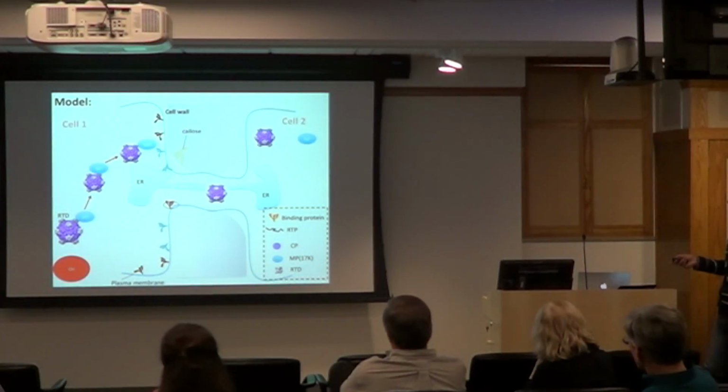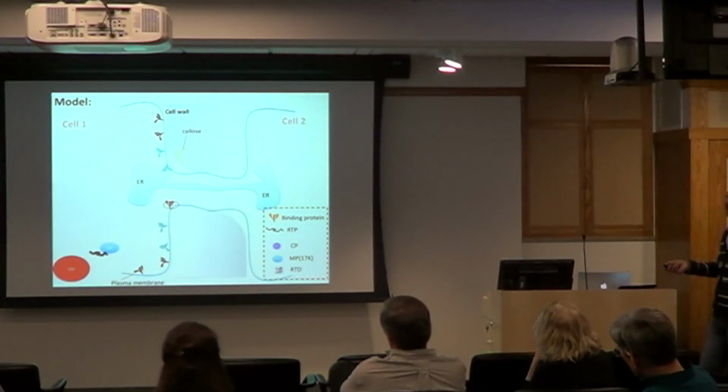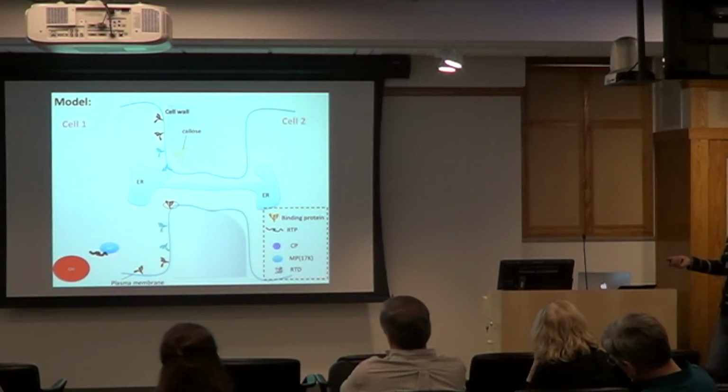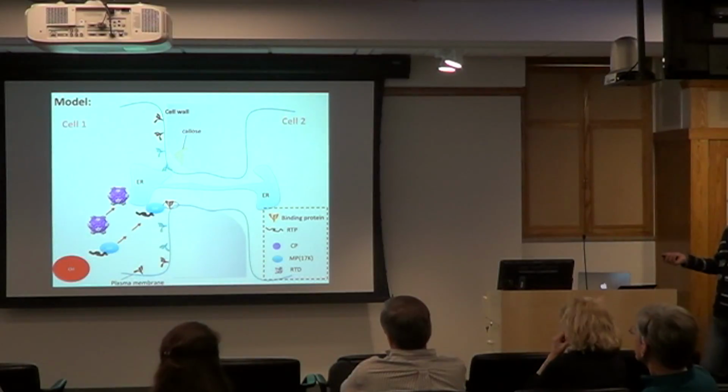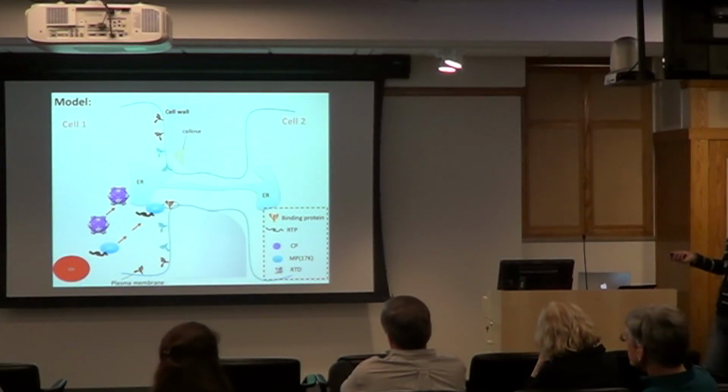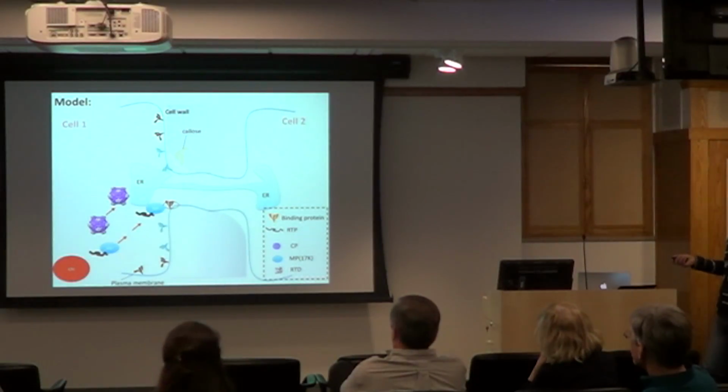Also, there are other possibilities, that the MP just interacts with the soluble RTP, and they move to the plasmodesmata and then modify the size of the plasmodesmata. When the virus comes to the plasmodesmata, this modification will facilitate the virus moving to the neighboring cells.